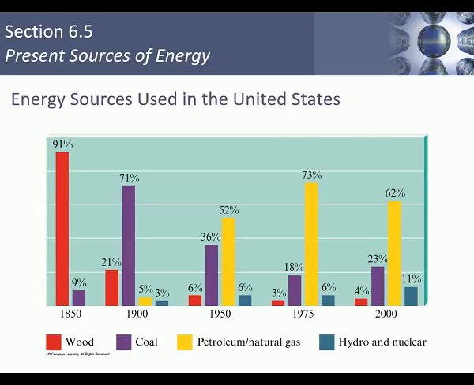All right, this is a chart that shows major energy sources in the United States, not worldwide, but just in the United States, at different points in time. We have starting at 1850, ending in the year 2000.